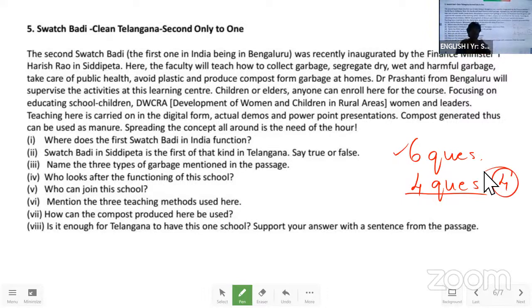You may think, why should we write 6? There are times when many children have attempted only 4 questions, and suppose, unfortunately, one answer is wrong, you stand to lose a mark. This is for the betterment of students that I'm saying, how you can score more marks.